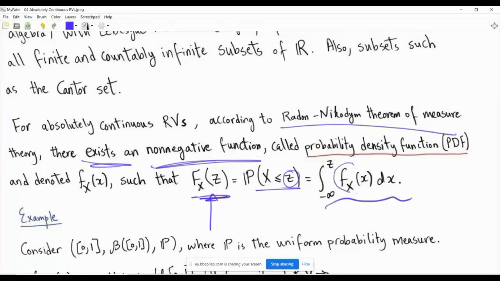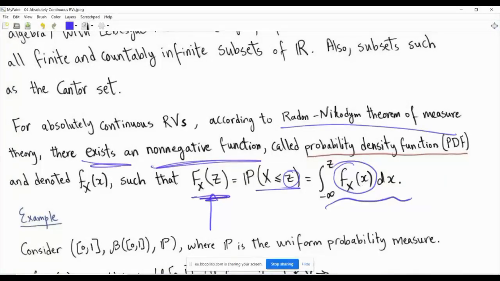This function is not for discrete random variables. You can define it for absolutely continuous random variables. It is there, and we will take its existence for granted.